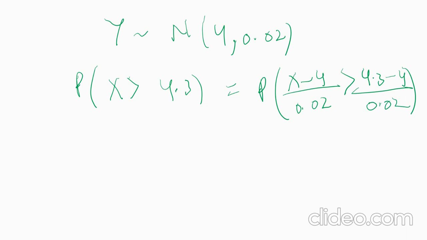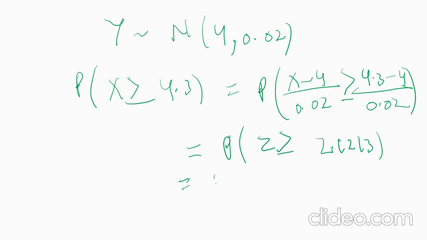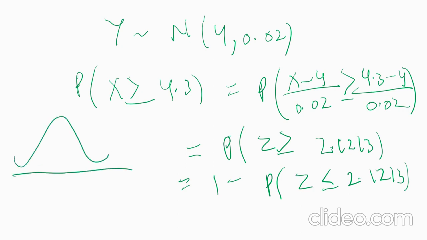So now we can solve this and then it will be probability z greater than or equal to 2.1213, which will be equal to 1 minus probability z less than 2.1213, because we have the z values like this.